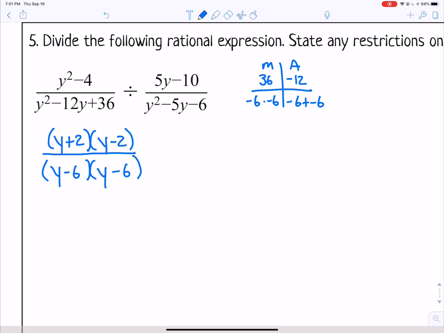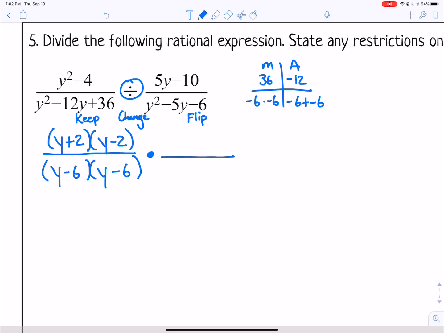So let's write those down. Then I'm going to go ahead and keep this first fraction in the same order it was given. I just factored it out. I'm going to change the sign to multiplying. And then as I factor out the second fraction, I'm going to flip it or write it as its reciprocal.